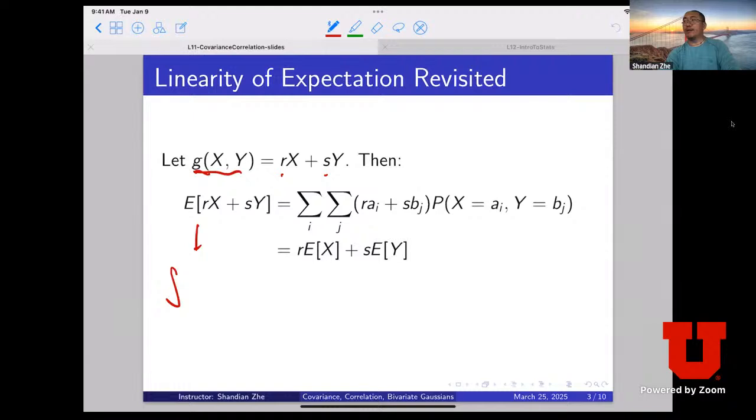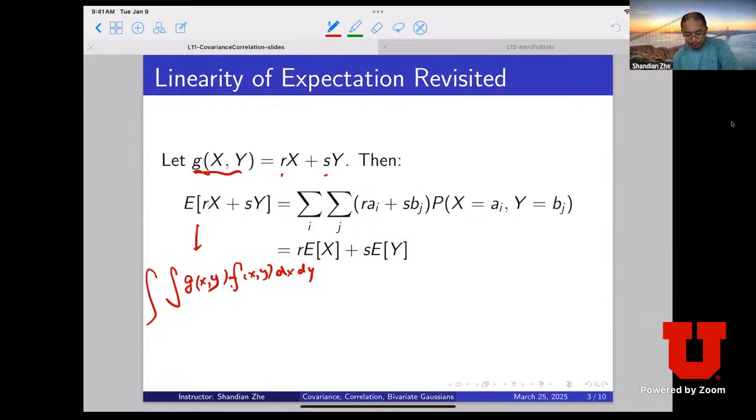Yes, exactly. You integrate the function of the random variables multiplied by the joint density function of x, y, over x and over y. That's how we calculate the expectation for a function of random variables.